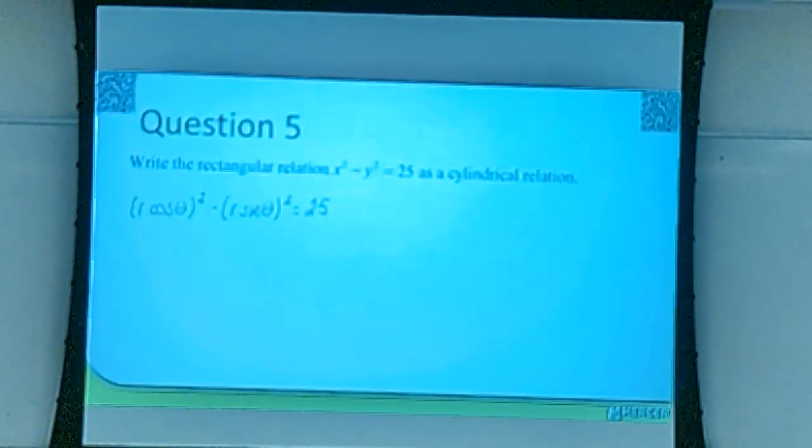Y is r sine of theta. Right, square both terms. There's a common factor, isn't there? That can be simplified.